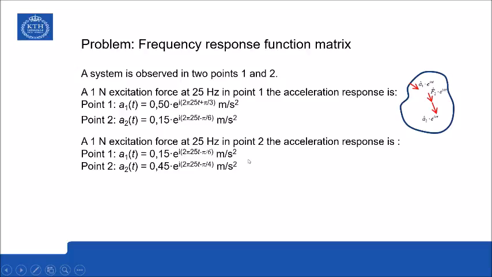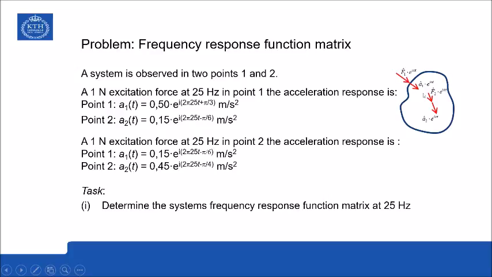This is what is called in physics reciprocity. So the reciprocity principle derived by James Clerk Maxwell means that the frequency response function matrix is symmetric in a case like this.